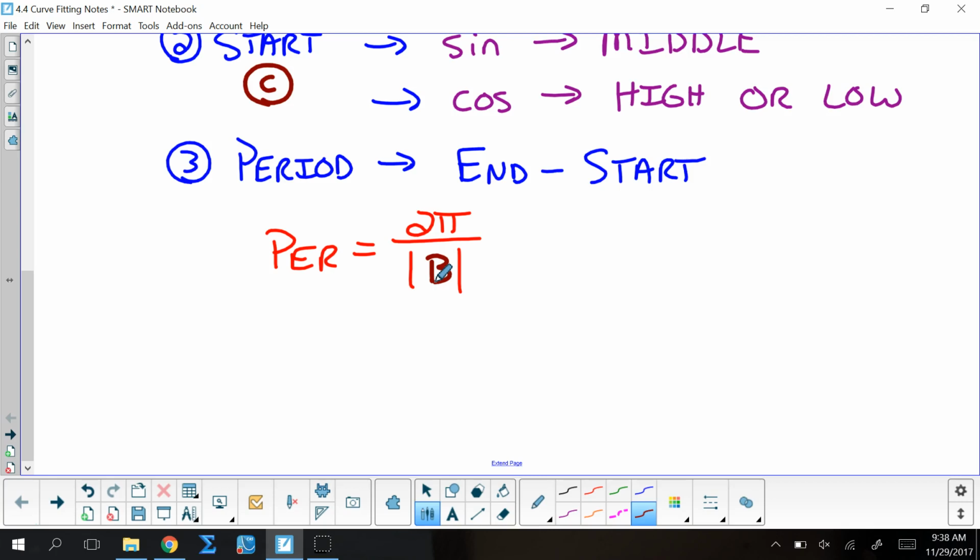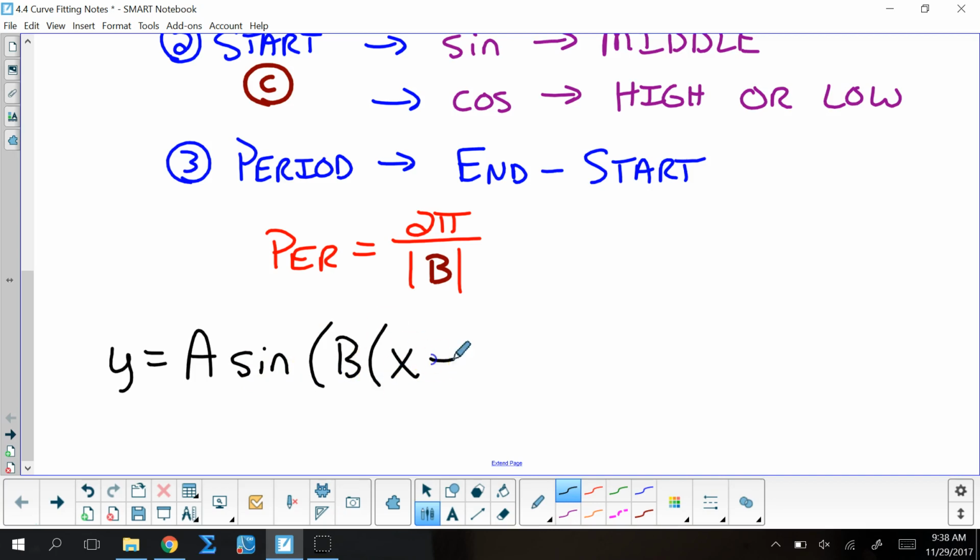We don't need the period. We need b in our equation. Because our equations, remember, are y equals a times the sine of b times x minus c plus d.